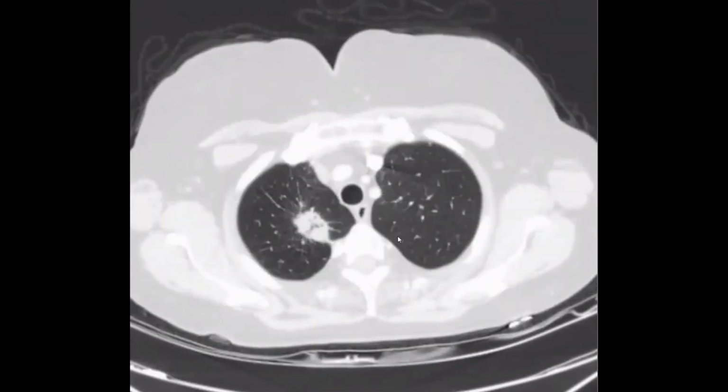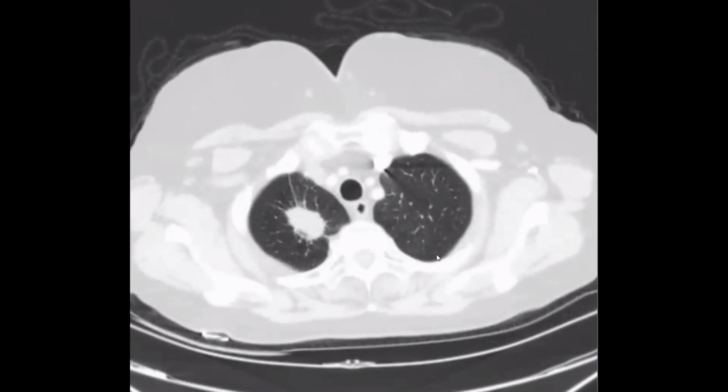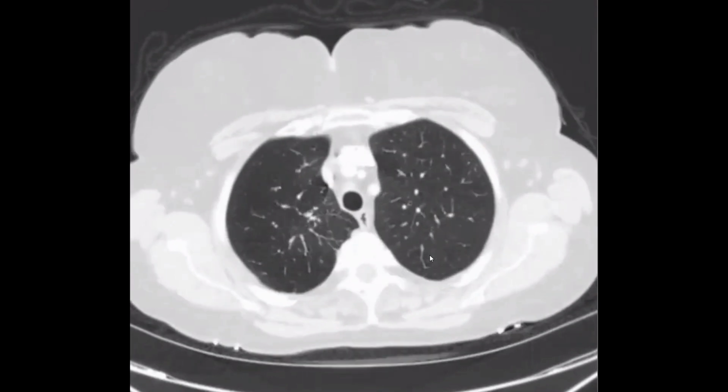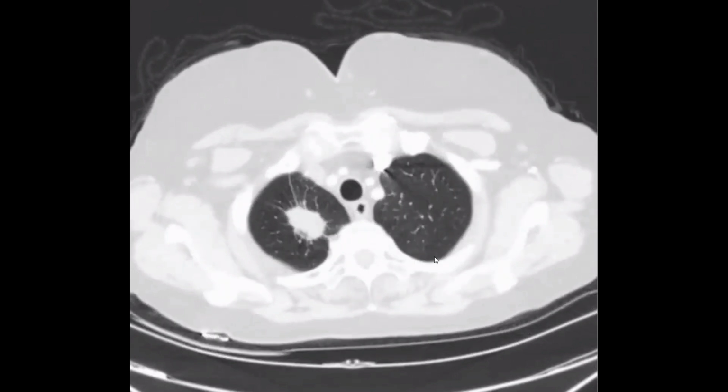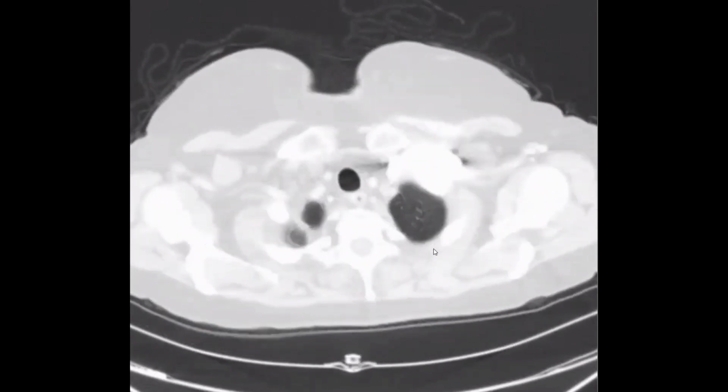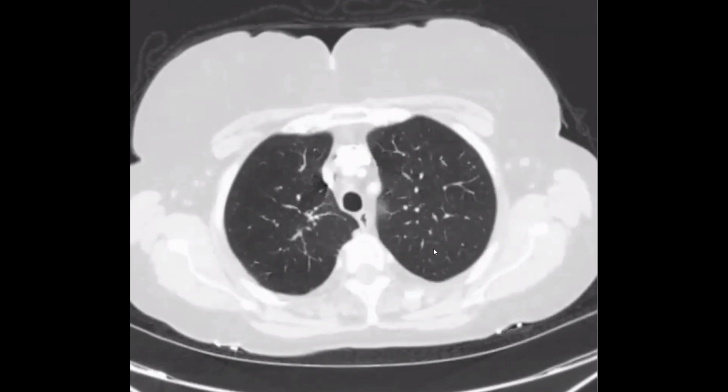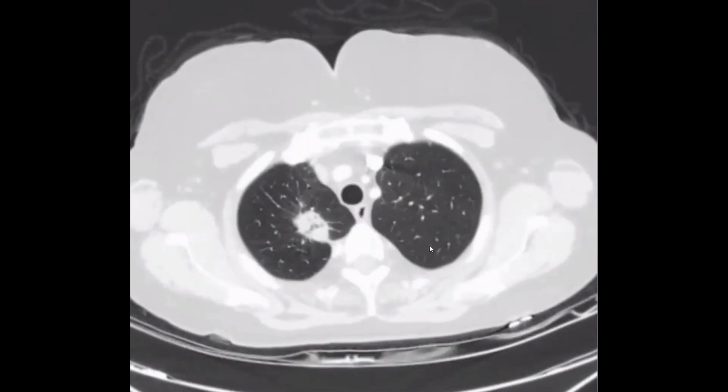Let's see what you have here. Yes, sir. I'm appreciating a spiculated irregular mass lesion in the right apex with subtle internal areas of cavitation; I would like to see more on the mediastinal window. It is spiculated, and it has architectural distortion in the surrounding lung.